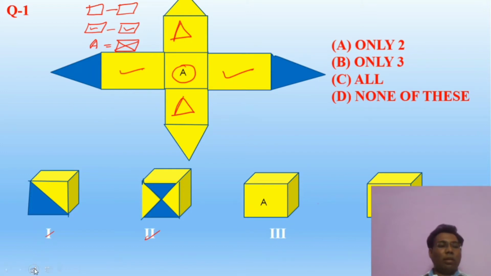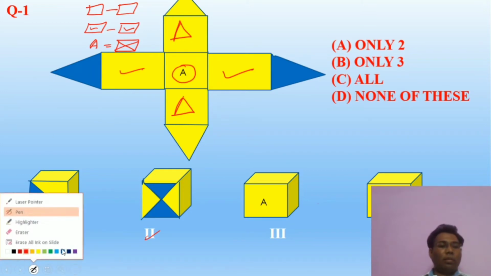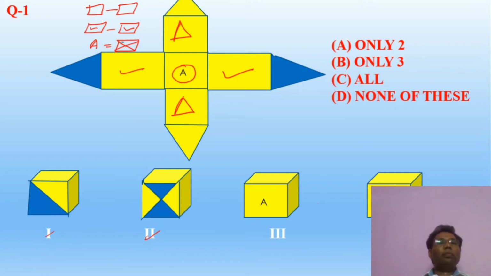Okay, and this is marked blue, and this is marked yellow. This type of figure will form, and we solve the dice.